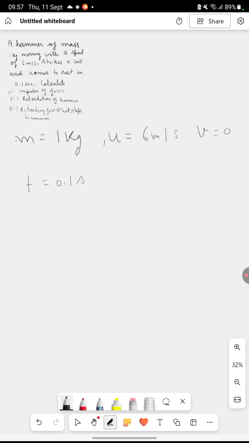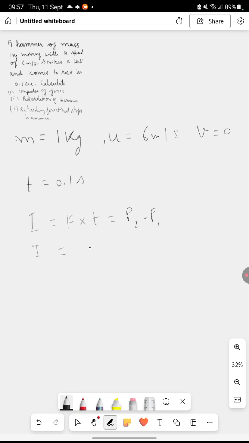We know impulse is equal to force into time, and that is equal to P2 minus P1, the momentum change. We don't have force, but we have mass and velocity, so we can find momentum, and the momentum change will be equal to impulse.